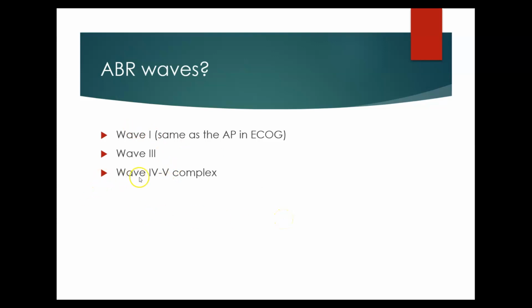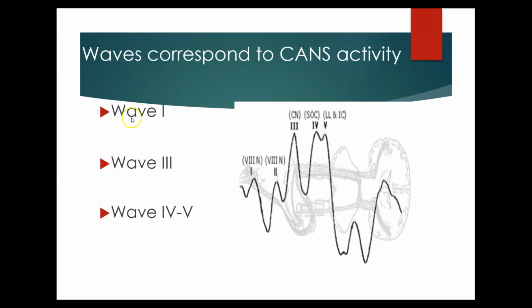And then we have the wave 4-5 complex, which comes from the lateral lemniscus. This is just a representation of our wave 1, our wave 2, our wave 3, and our 4-5. Okay, so the 1, 3, and 5 are typically the ones that are used to determine issues or problems with the ABR.